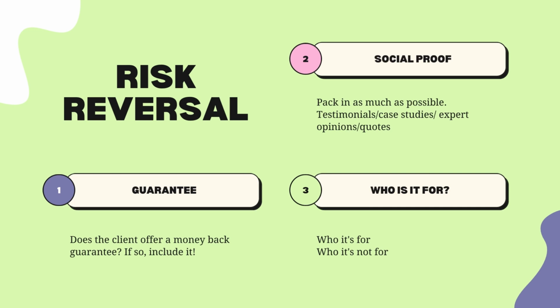Social proof is the most powerful form of marketing. If you want to make any sales page more effective and have higher conversion rates, just add in more social proof, because it really helps to show potential customers other people have bought this and they've got the results that I'm looking for. So if I buy it, I'll probably get those results too.